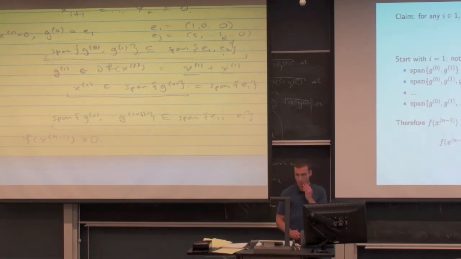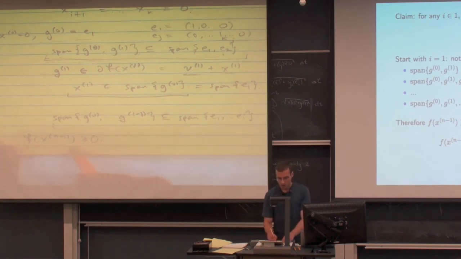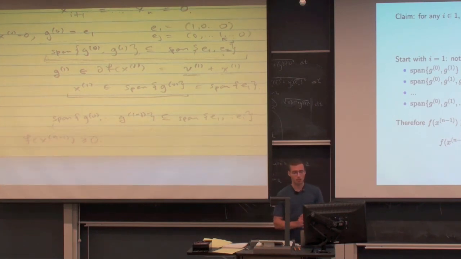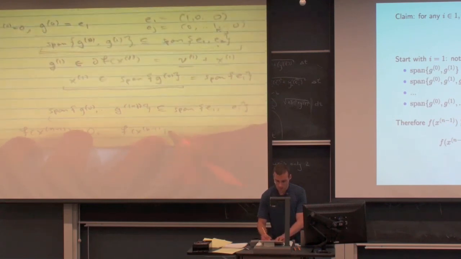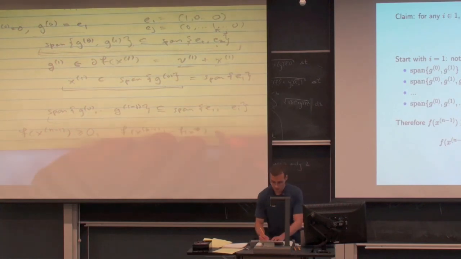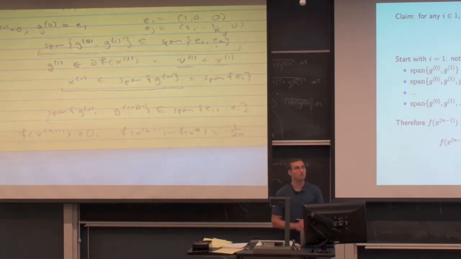So after n minus 1 iterations, the function value can be at least 0. It can be larger than 0 too. So what's the difference between the (n-1)th iterate and the minimum value of the function? That's at least 1 over 2n, because f of x star was minus 1 over 2n.